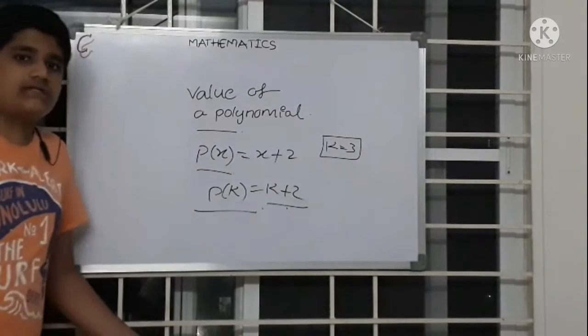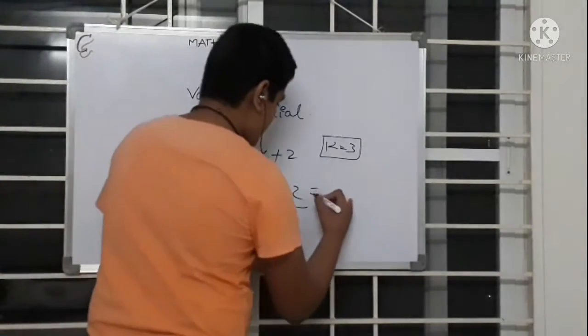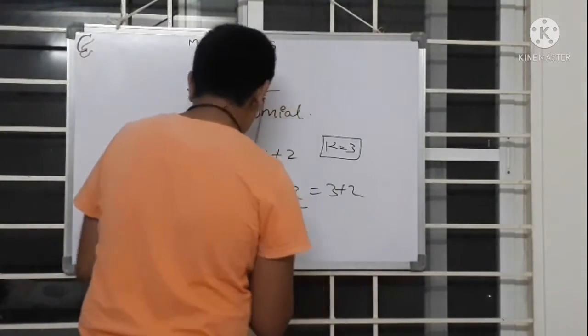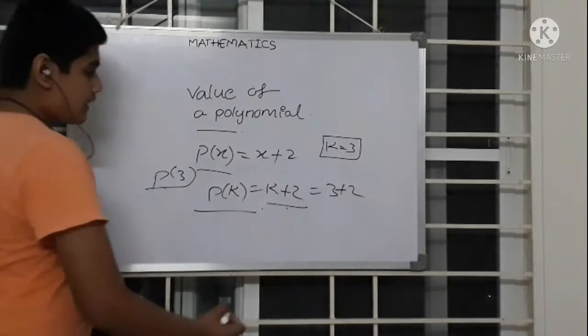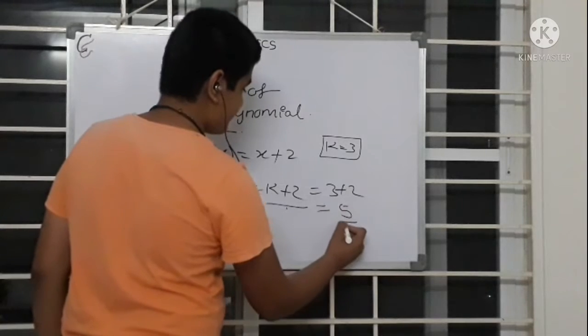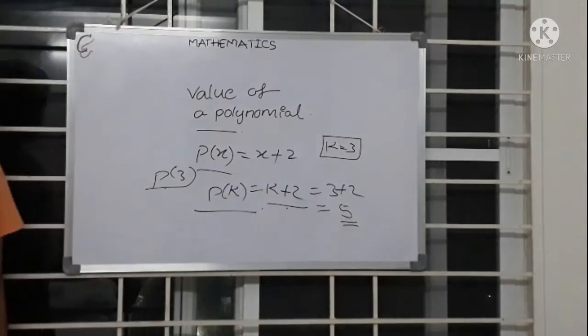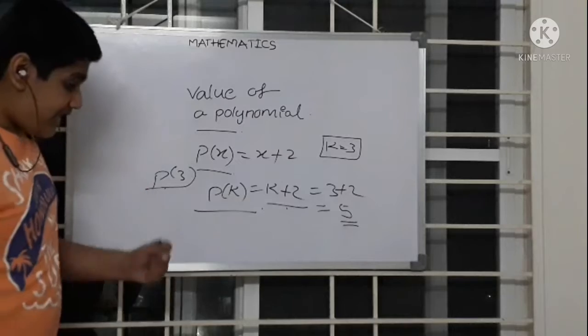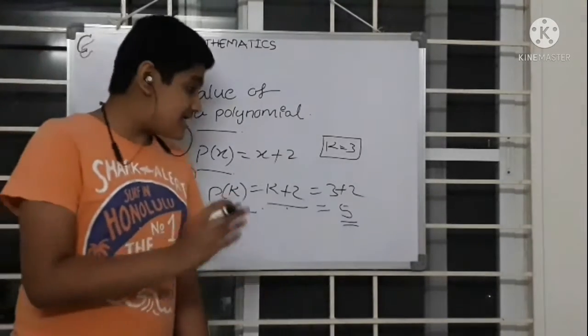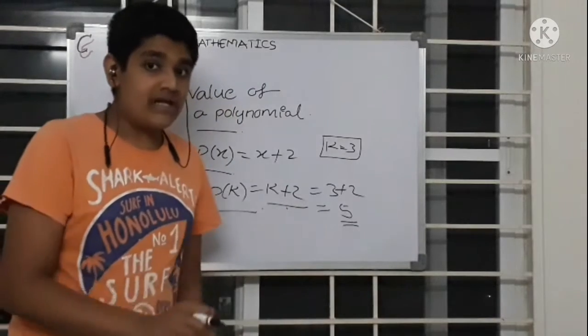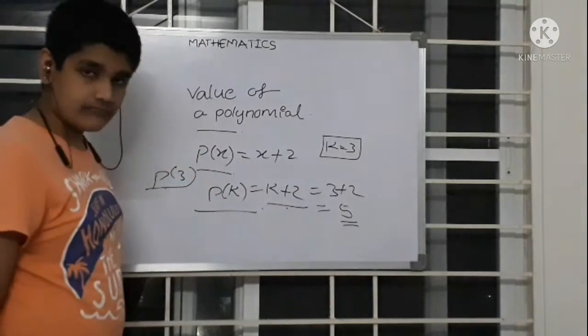What will this value be? 3 plus 2, so this is p of 3. 3 plus 2 is 5. That's all, completed. So 5 is known as the value of the polynomial for p of 3.